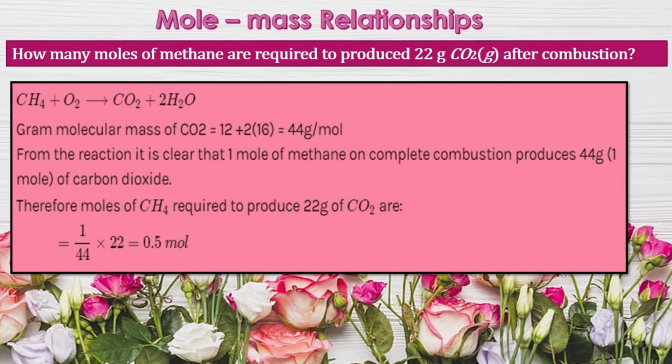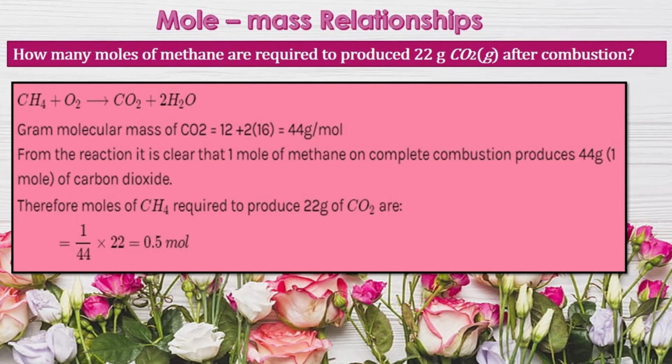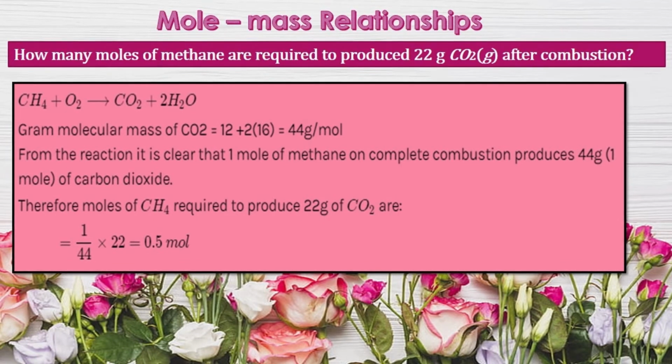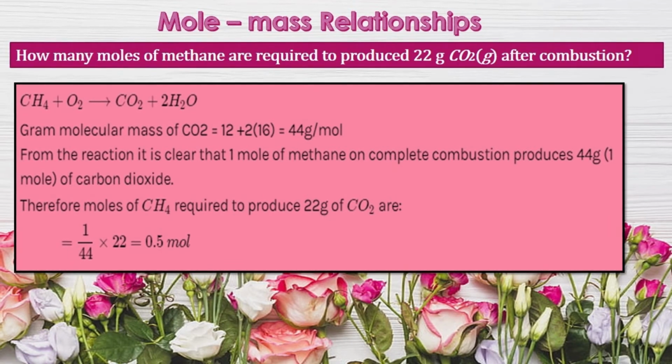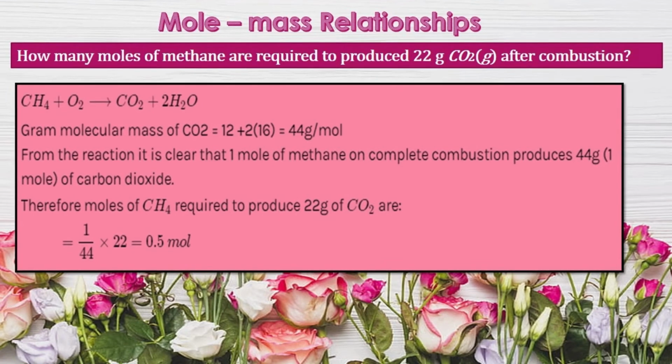Molar mass of carbon dioxide is equal to 44 grams per mole. So number of moles of carbon dioxide will be equal to 22 grams, which is the given mass, divided by molar mass, that is 44 grams per mole. So number of moles of carbon dioxide will be equal to 0.5 moles.